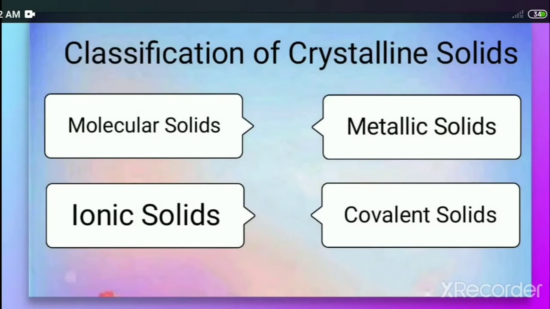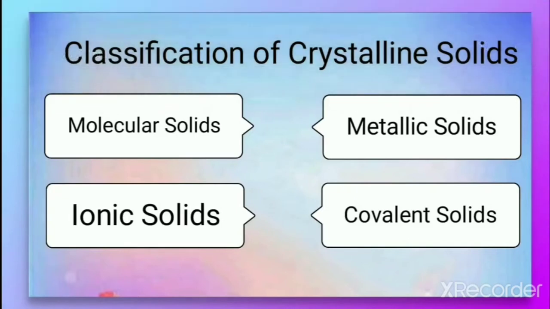So let us classify the crystalline solids. As we have discussed, it is based on the type of constituent particles. It is classified into four categories: molecular solids, ionic solids, metallic solids and covalent solids.